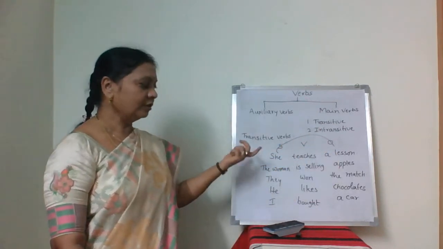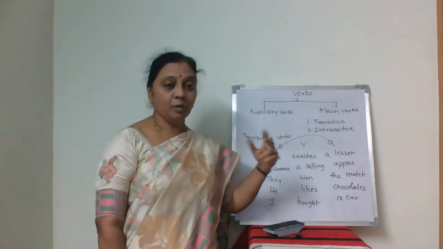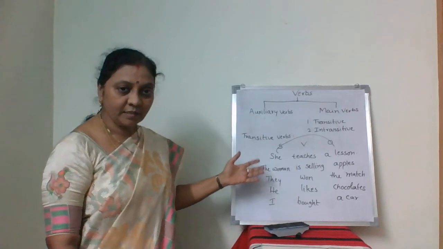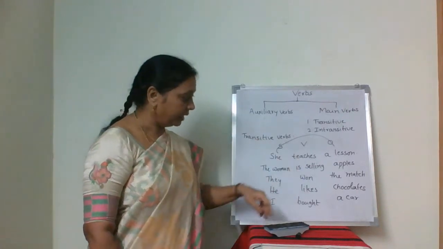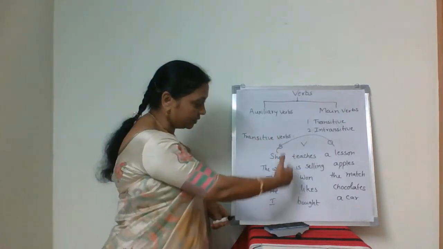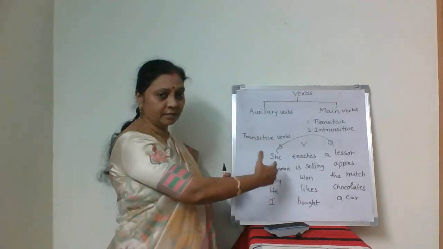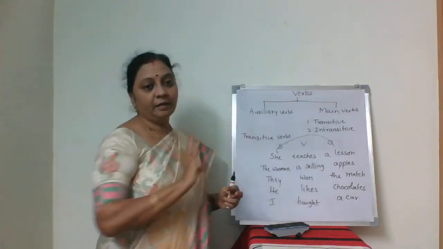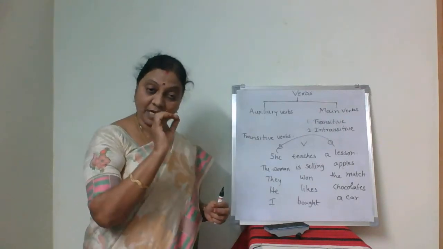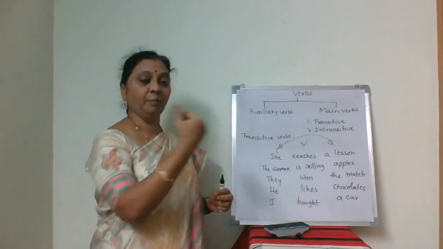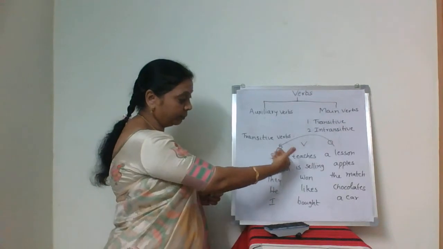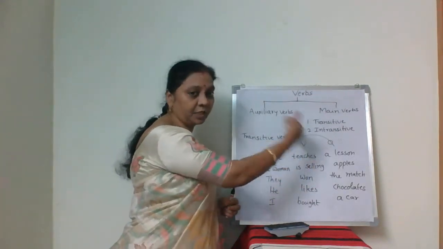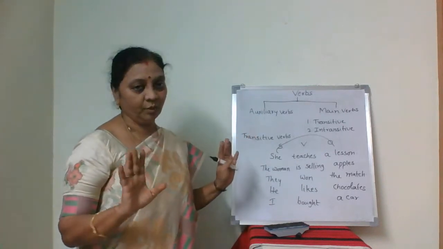In objects, we have two types: direct and indirect objects. We'll see more examples of that. First of all, try to understand this. Transit means transferring or passing on. So an action which is passed on from subject to object is a transitive verb.